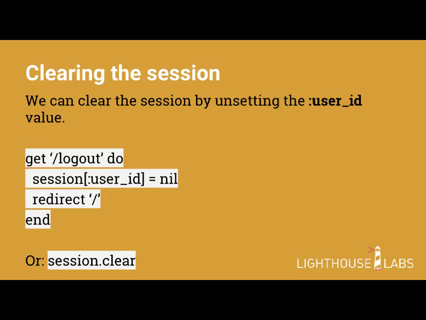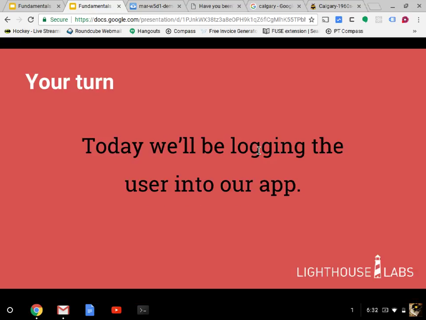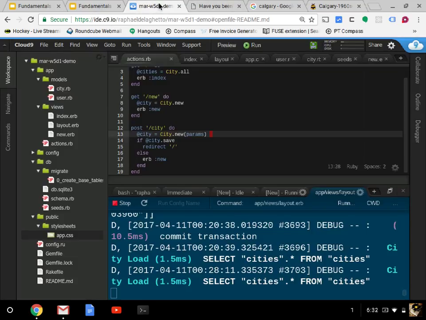All right. So, same kind of pattern. We were deploying functionality that will allow us, or has now allowed us, to add a new city to our list of cities. Now, in this current state, of course, anyone can come along and just add any crazy thing they want, right?